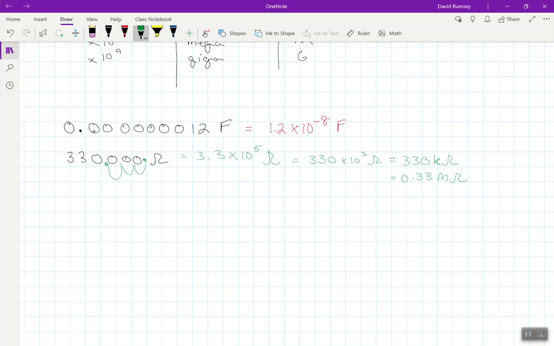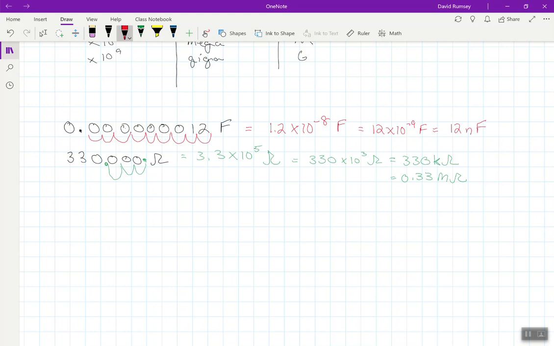Now, with this capacitor here, we're at -8, and if I look at this again here, if I had gone 1, 2, 3, that's still going to give me way too many zeros. Another power, 4, 5, 6. Well, I could write it like that, but let's do 3 more. 1, 2, 3. So that's now 9. So this is the same thing as 12 times 10 to the -9 farads, which is the same thing as 12 nanofarads.